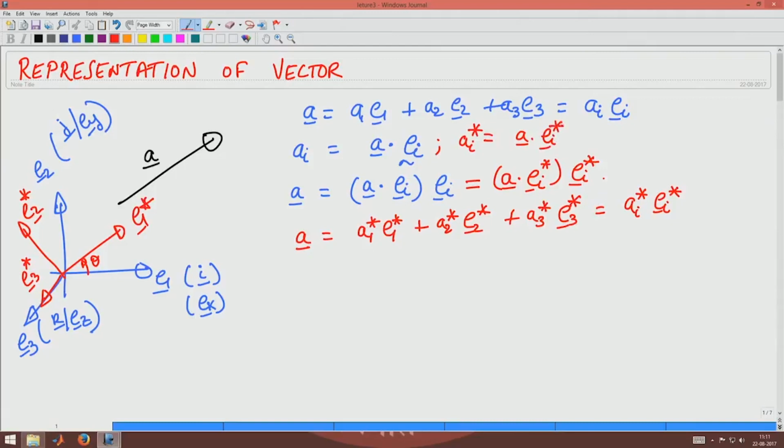Okay. So, I have these 2 different representations. So, there is no sanctity that the numbers A1, A2, A3 alone represent this vector, that is what we are trying to understand here.